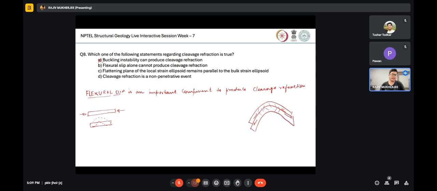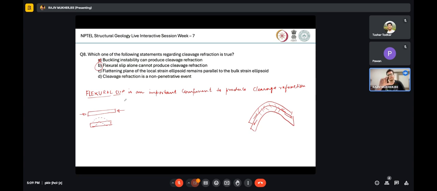Now option B, flexural slip alone cannot produce cleavage refraction. Even though flexural slip is an important component to produce the cleavage refraction, it is not the only component because cleavage refraction fundamentally requires viscosity contrast between the layers. If there is no viscosity contrast or competency contrast, then the cleavages will remain parallel.